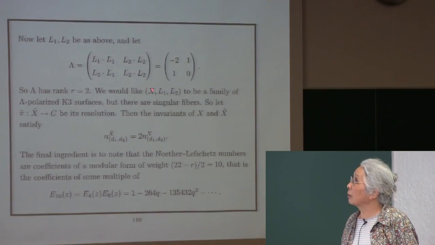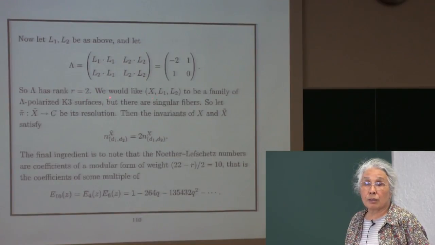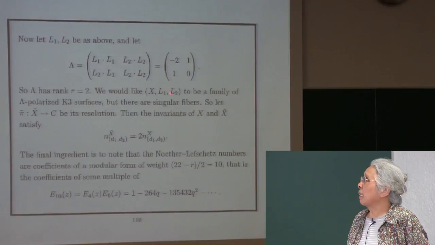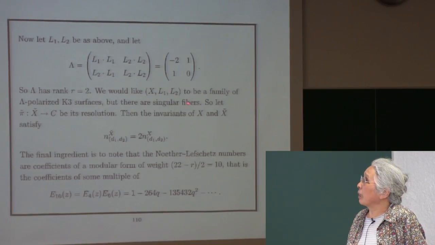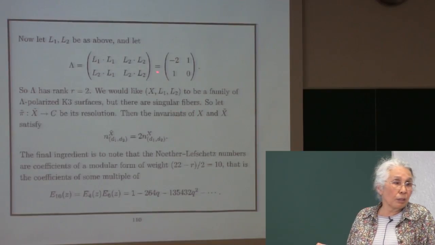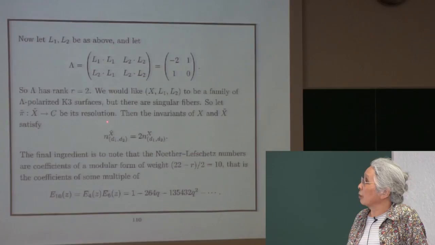And then I want to take this X with L1, L2 to be a family of lambda polarized K3s. But this has singular fibers, so if you do it this way, you have to resolve singularities. Let X tilde be a resolution.